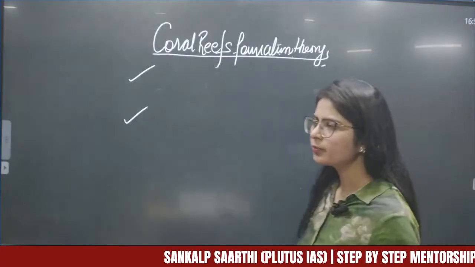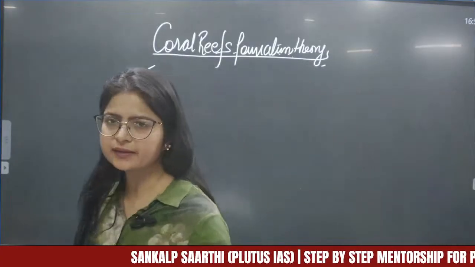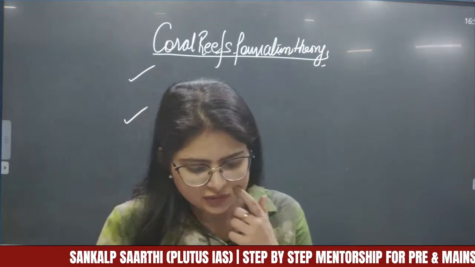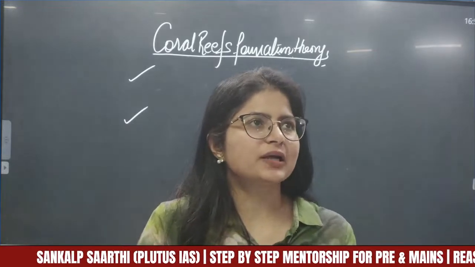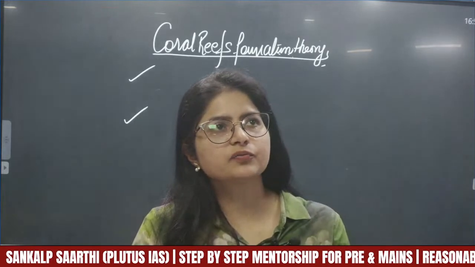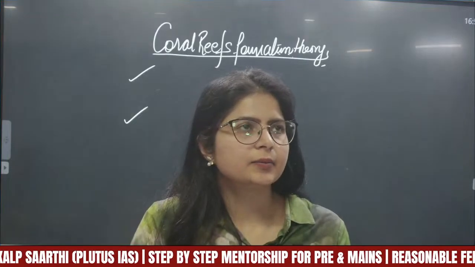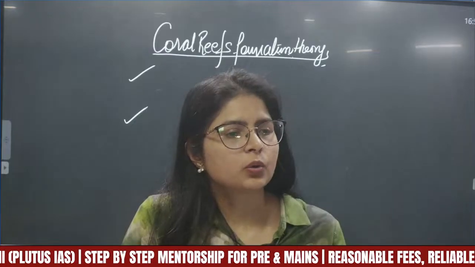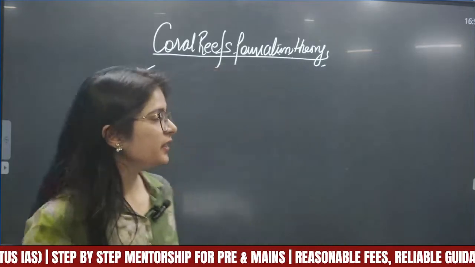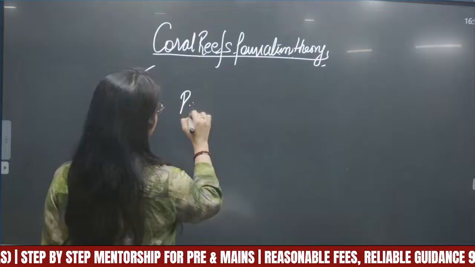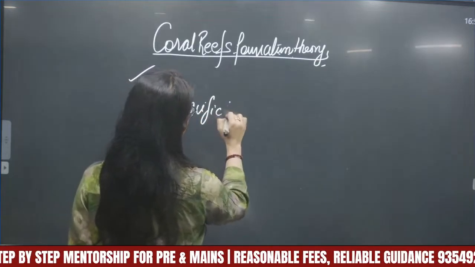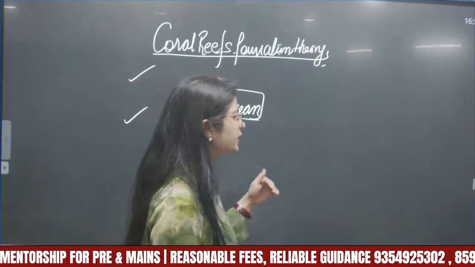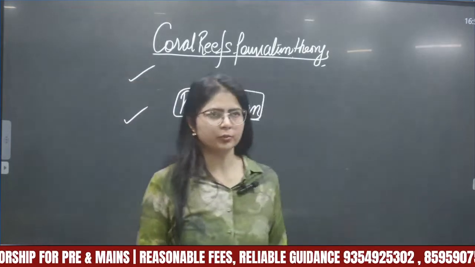There was a very popular person, I think you already know his name, Darwin. This theory was propounded by Charles Darwin, who was trying to figure out a proposition related to coral reef formation. He discovered these phenomena in the Pacific Ocean, and he searched for something related to it.